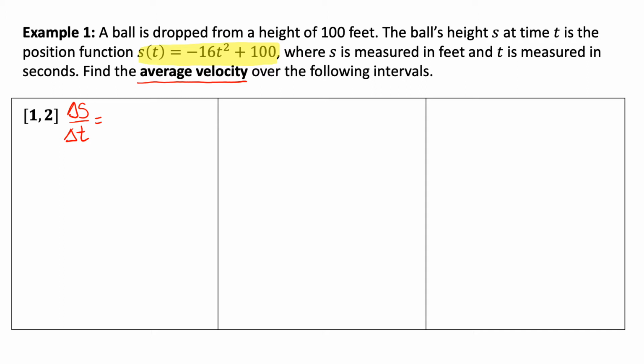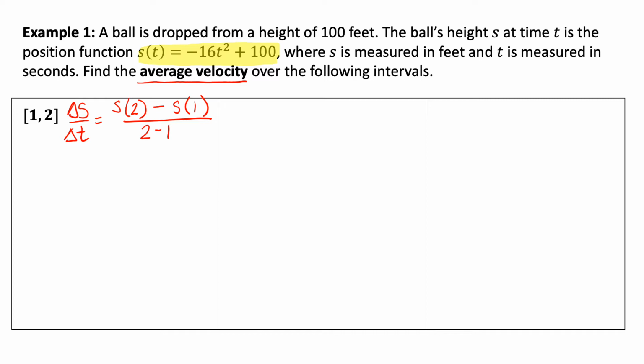So we want to find the change or the difference in the position on the interval from 1 to 2, which we can do by evaluating our position when time equals 2, and then subtracting when we evaluate our position when time is 1, over our difference in time, which would just be 2 minus 1, again just finding the slope of that secant line. Now we just need to evaluate at time equals 2 and time equals 1.